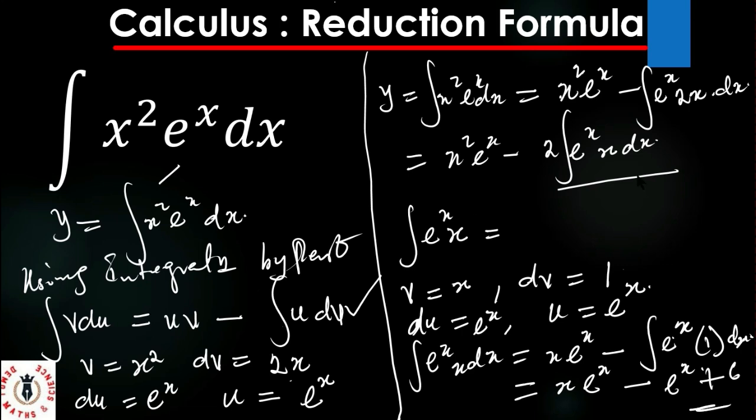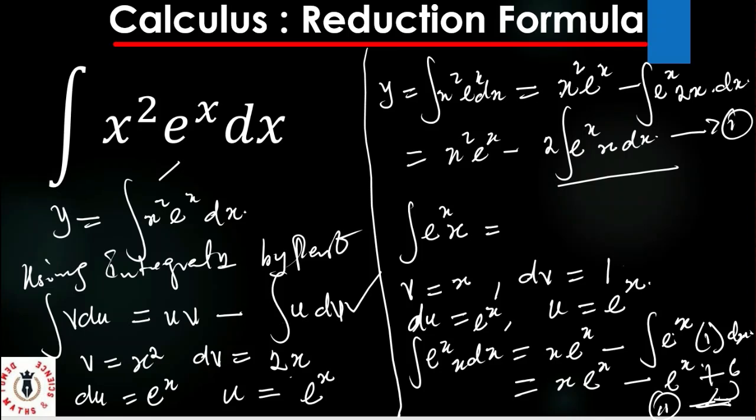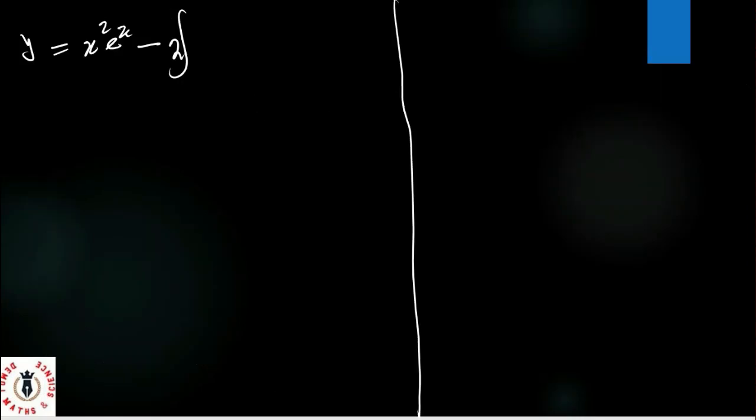Let's call this equation 1, and let's call this equation 2. So in the place of the integral of x e raised to power x with respect to x in equation 1, I can substitute the result from equation 2.